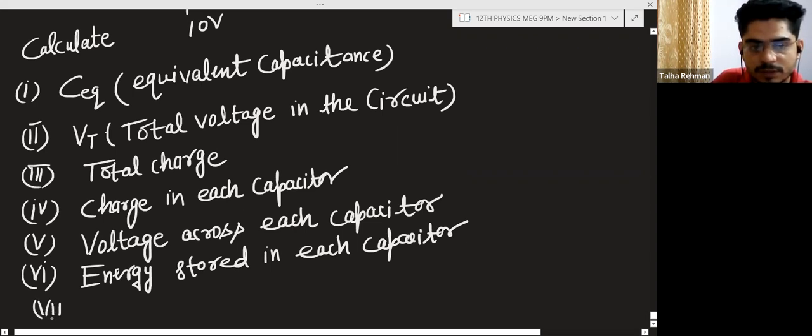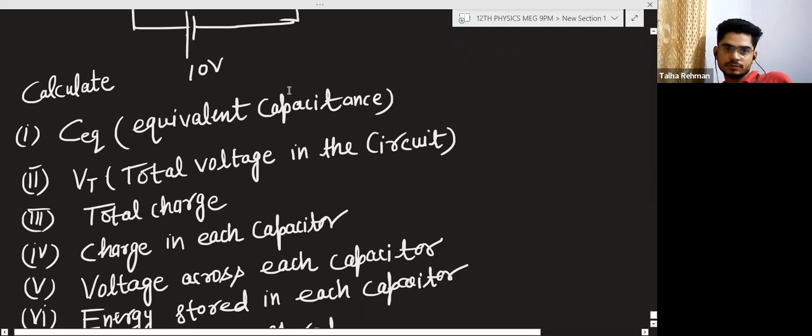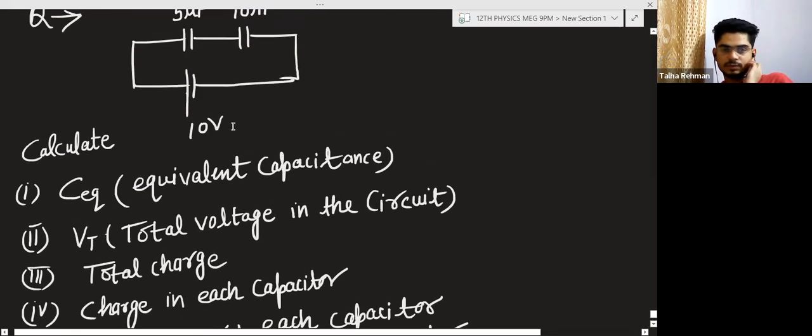And seventh is total energy stored in the circuit. We have to find this.